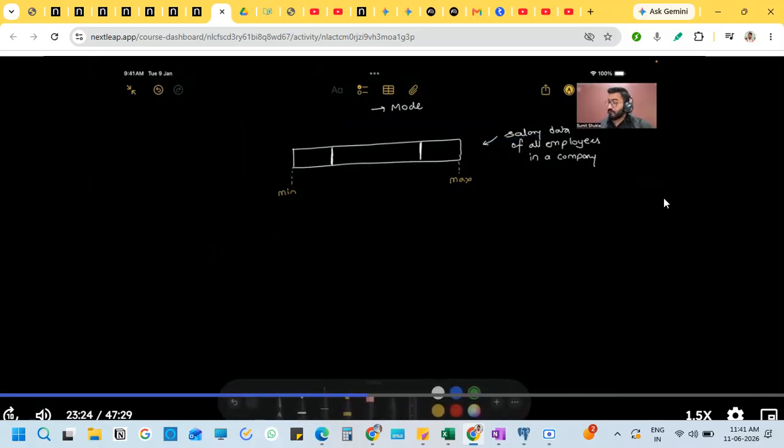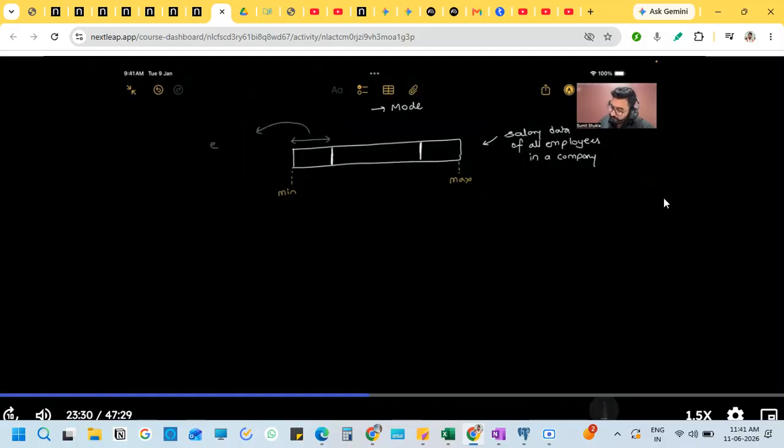Let's assume this is the minimum salary, this is the maximum salary. I hope you guys will agree that out of all the employees and their salaries, some of them would be in a very low range, some of them would be in a very high range, while most of them would be earning in the mid range.